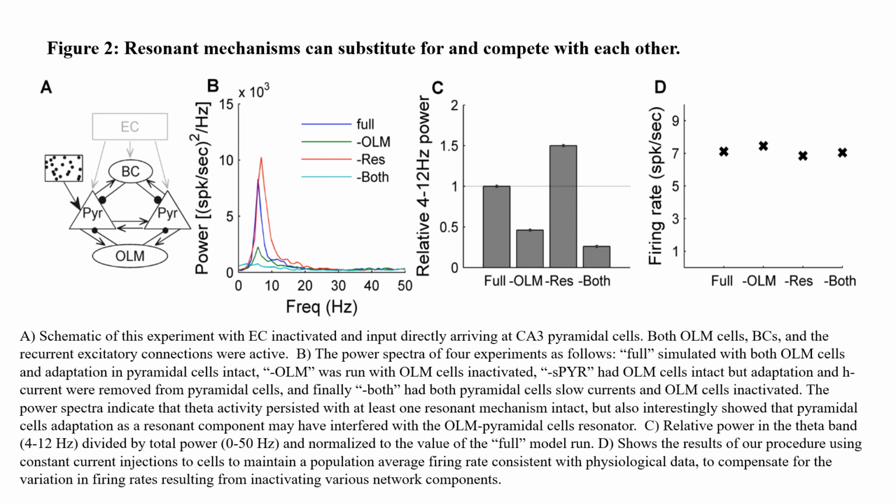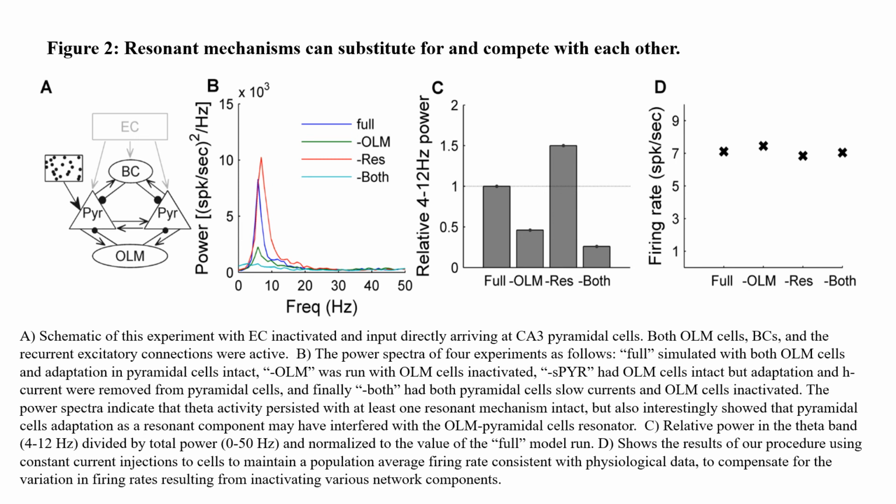So here we have a schematic of an experiment with the entorhinal cortex inactivated, and input directly arriving at the CA3 pyramidal cells. Both the OLM cells, basket cells, and the recurrent excitatory connections were active. In figure B, the power spectra of the 4 experiments are shown. The full experiment simulated both OLM cells and adaptation in pyramidal cells intact.